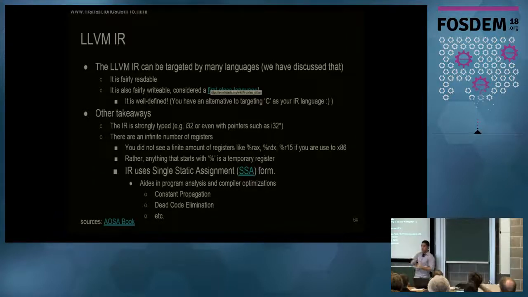You have infinite, okay? So you get these temporary registers, as many as you want, and that's useful for us in what's called single static assignment, okay, which is a way for us to sort of analyze programs in this intermediate form and make various optimizations, a lot of the common ones.